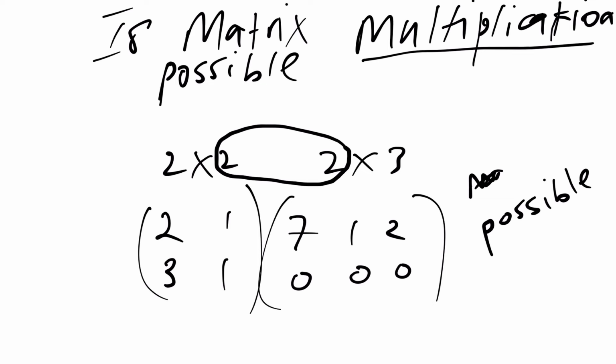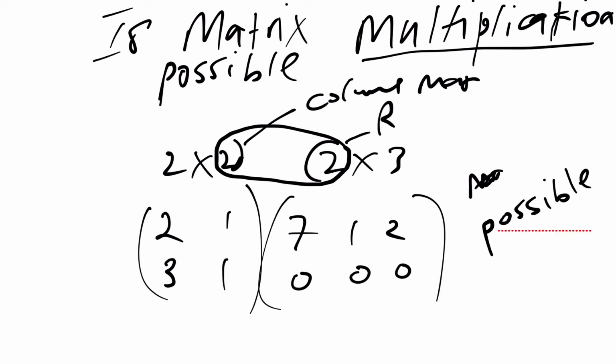And another thing to note here is that this first 2 represents the number of columns in the first matrix, and this 2 represents the number of rows in the second matrix.